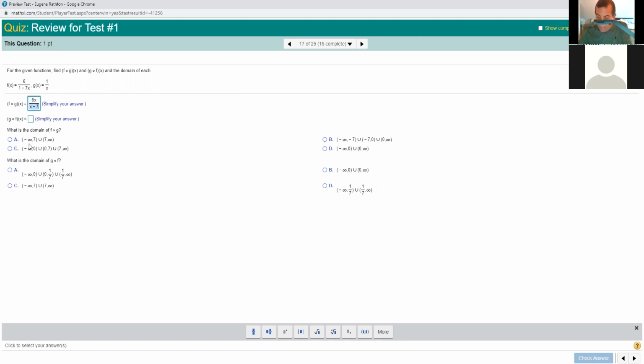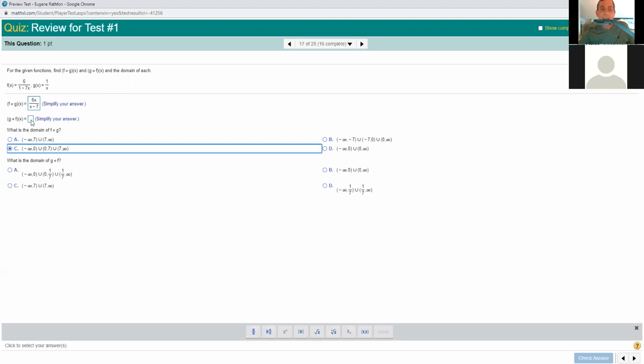And then my domain, I said, could not equal 0 and 7. So they're using interval notation. So this one's excluding 0 and 7. Whoops, my bad, y'all. Notice this one only excluded 7. This one did negative 7. And then this one only did the 0. So I need this one that excludes the 0 and the 7.